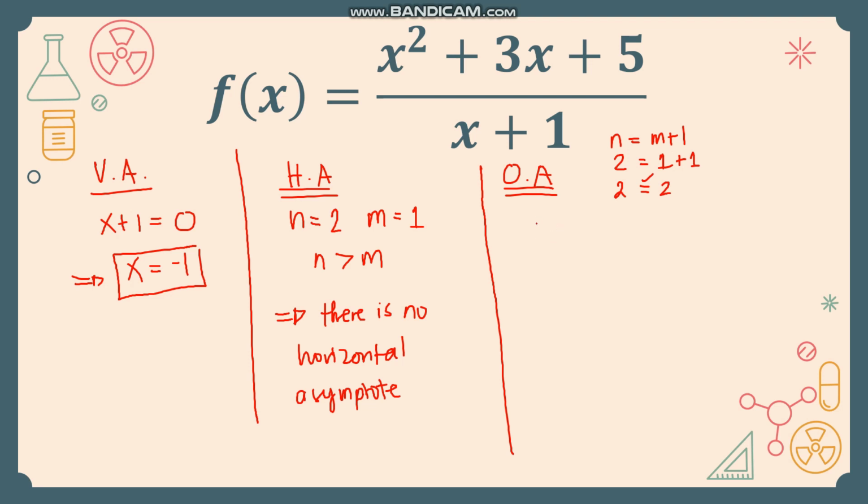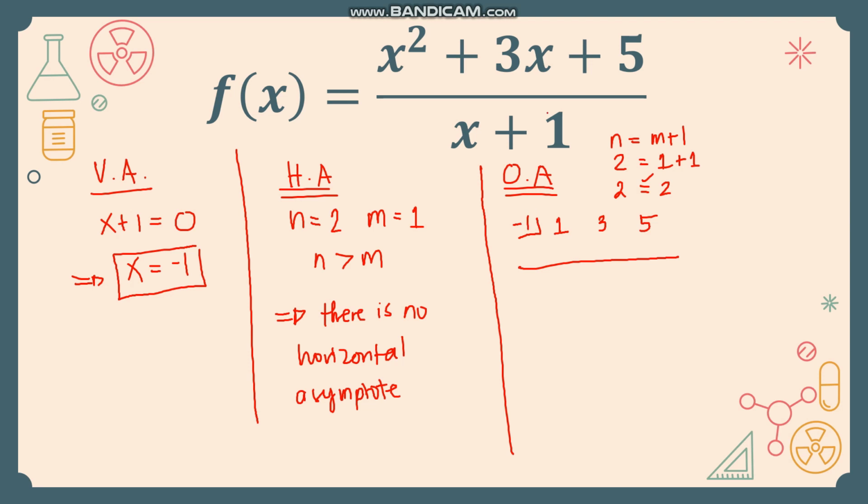So we have to use again the synthetic division and then divide the numerator by the denominator. So for the coefficients of our numerator, we have 1 for x squared. For 3x, we have 3. And then for the constant, we have 5. We don't have to add 0 because the terms are complete from lowest to highest. And then, we will divide it by negative 1.